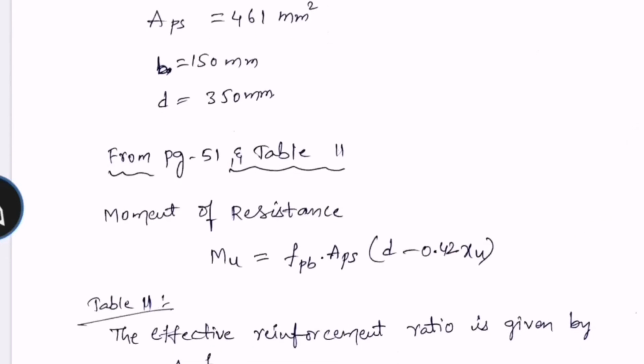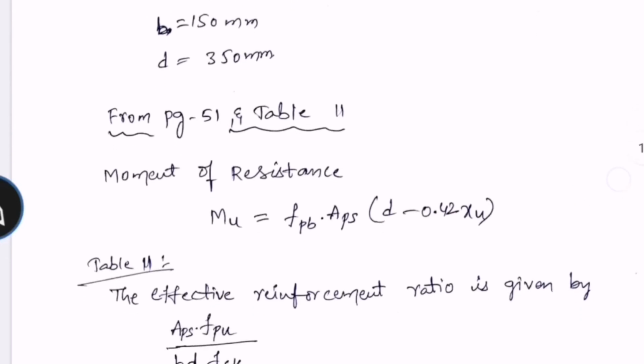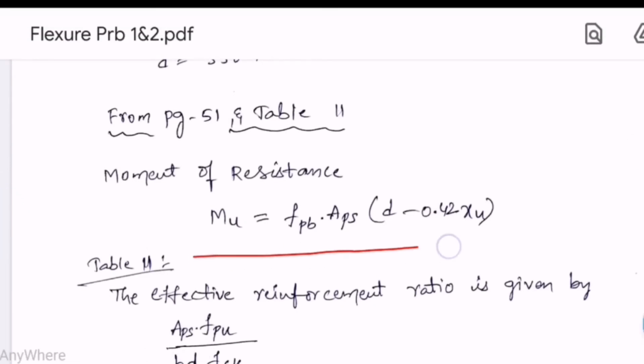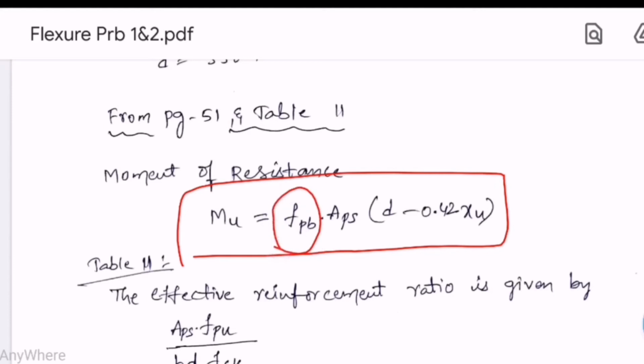Here APS is already given and we don't know the values of FPB and Xu. So to know the values of FPB and Xu, we go to the codebook, page number 51, table 11, to find these values.